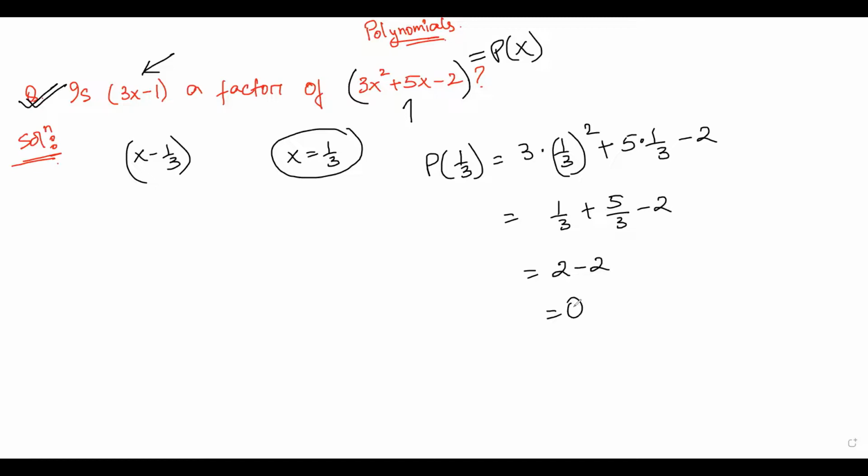So this is 0. So p(1/3) is equal to 0. So that means x equal to 1/3 is a root of this quadratic polynomial, or x minus 1/3 or 3x minus 1 is a factor of this quadratic polynomial. So we can solve such questions directly simply by using the remainder theorem.